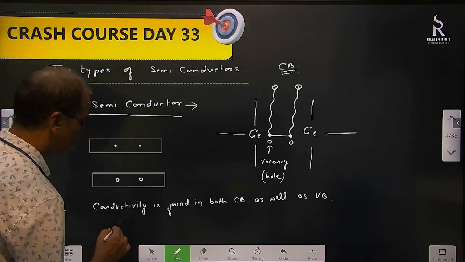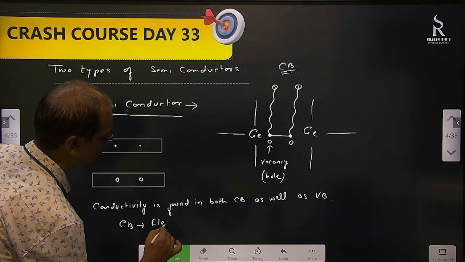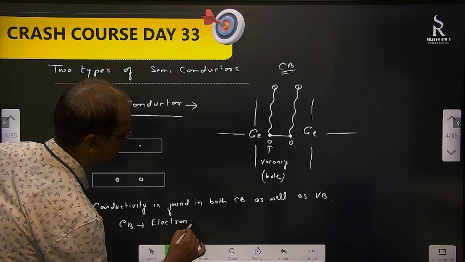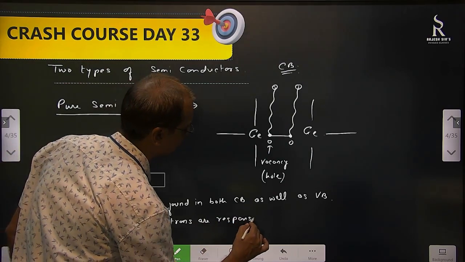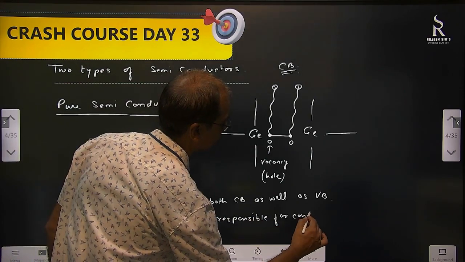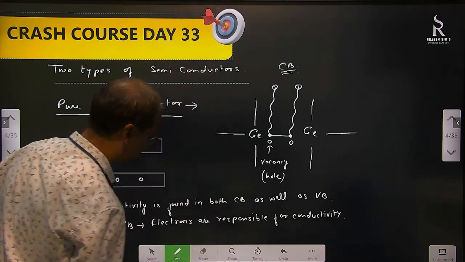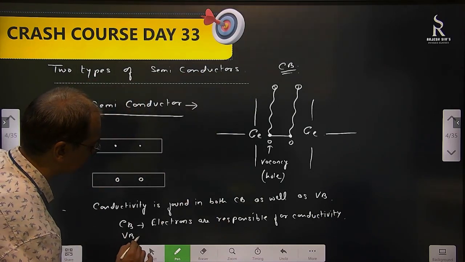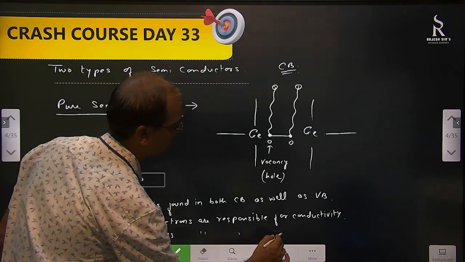Okay. In the CB, electrons are responsible for conductivity. In the valence band, holes are responsible for conductivity.